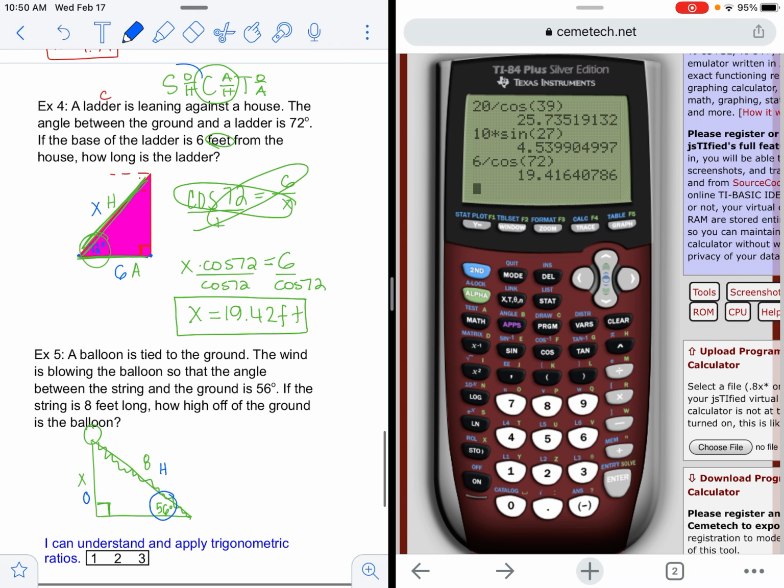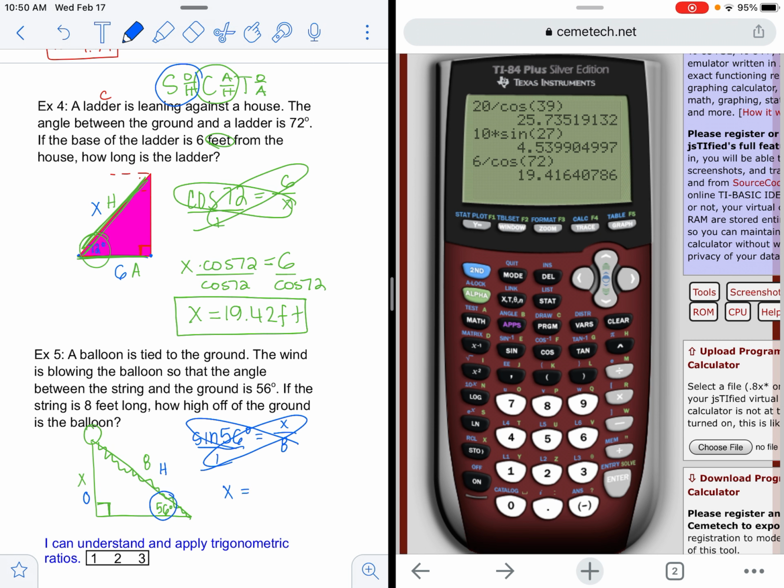Here's my angle. This is opposite because it doesn't touch the angle, and this is hypotenuse. O and H is used by sine. So I'm going to write down sine. My angle always comes next. 56 degrees equals opposite, which is x, over hypotenuse, which is 8.